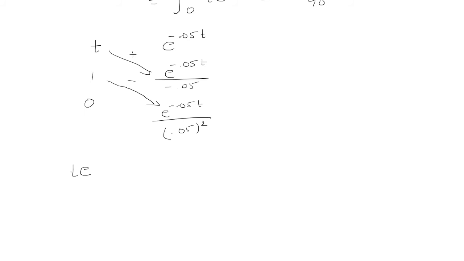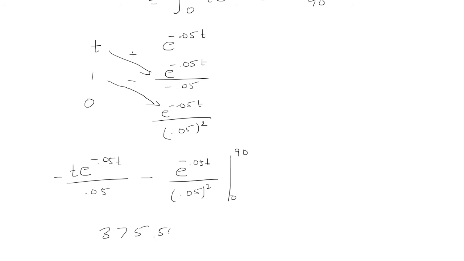So it's t e to negative 0.05 t over negative 0.05, then minus e to negative 0.05 t over 0.05 squared. Then we have to evaluate it from 0 to 90. So when we do that, we end up getting 375.56021.